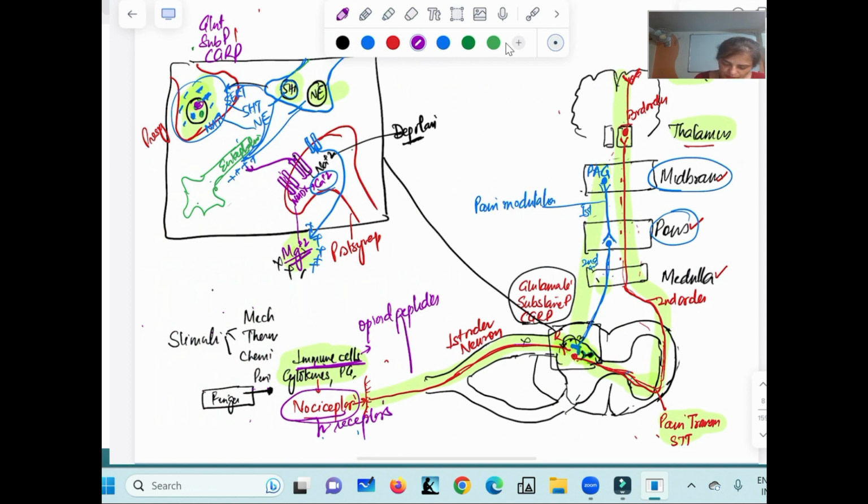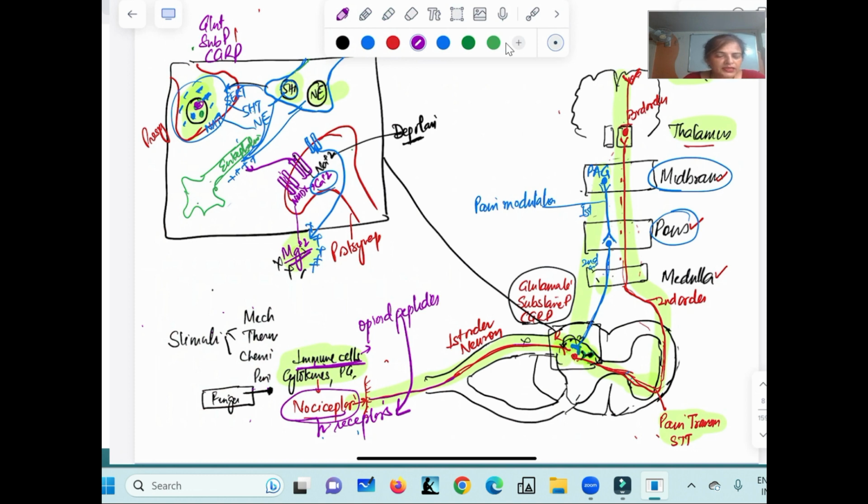Now this opioid peptide is going to bind with the mu receptor which is present on the primary afferent neuron, and they are going to inhibit this impulse. So this is the peripheral mechanism of action of the morphine.